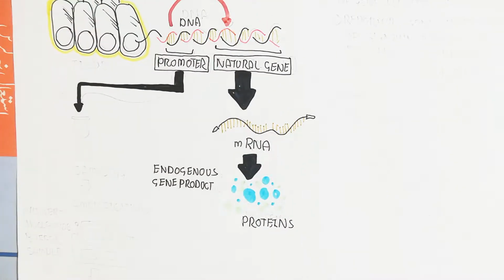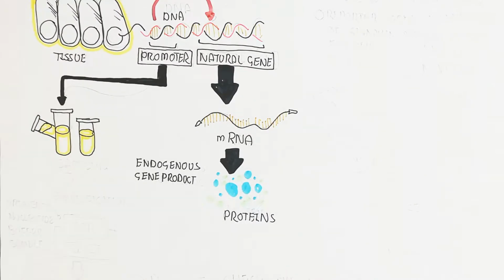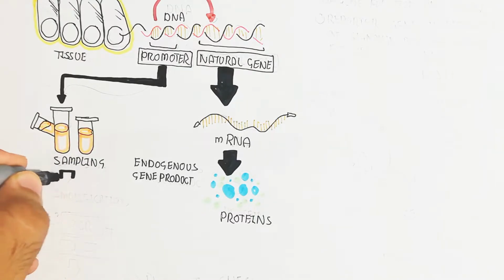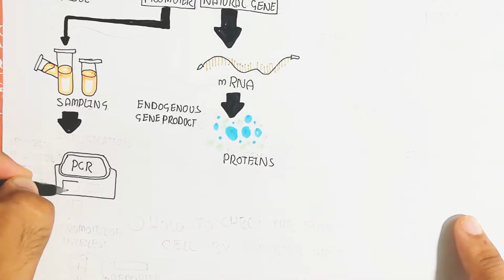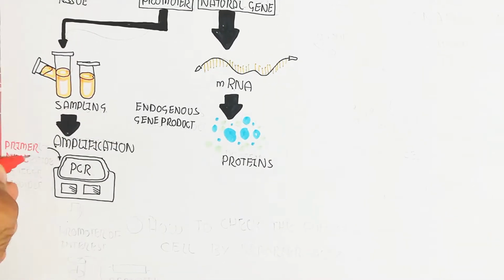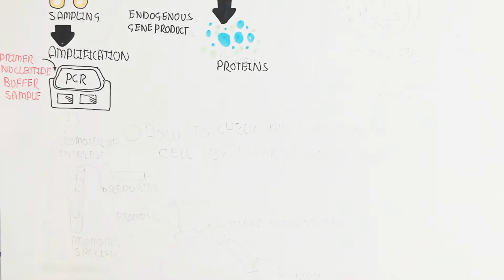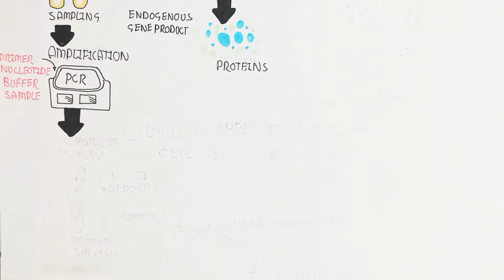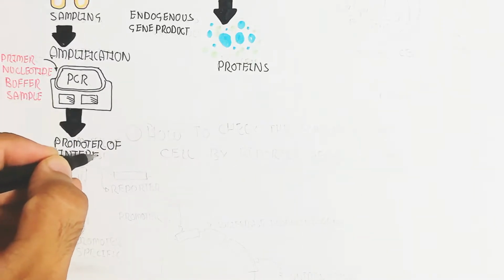So let's begin to understand this promoter. After sampling the cell or tissue, fragmentation is done via endonuclease enzyme, then amplification by putting in a specific primer for the promoter, with nucleotides, buffer and sample, in the PCR for amplification of the promoter of interest.